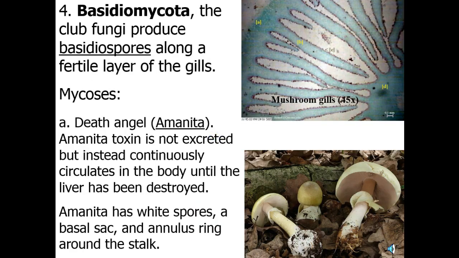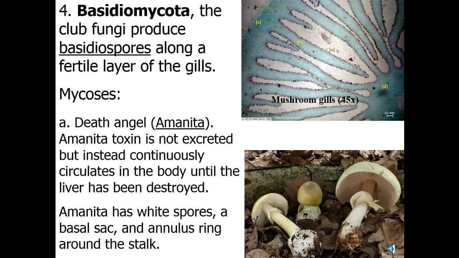Basidiomycota, a fourth group. These are the club fungus. It's not like a society or something. It's the club-shaped structure along the gills. So these are the mushrooms. Some mycoses that are worth noting. The death angel, Amanita. It is a dangerous one because the toxin is not excreted.